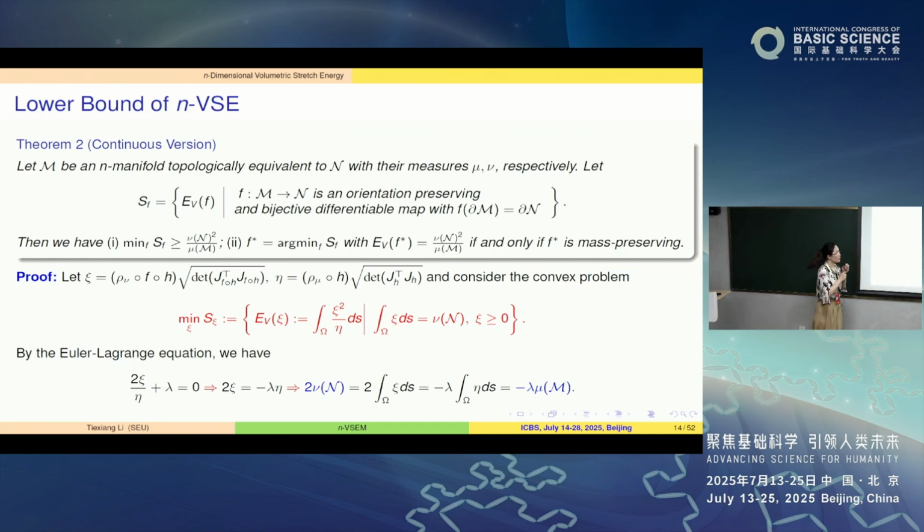It means that if F is mass preserving, it must reach the lower bound, and if a map can reach the lower bound, we know that it must be mass preserving. So up to now we have completed the continuous version for the structure energy. I will skip the proof.